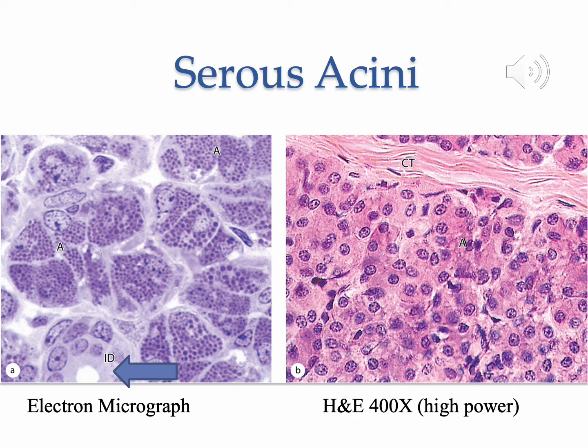And in this particular EM shot, on the lower aspect of the diagram, and highlighted by the blue arrow, is one of the ducts that's going to be draining this particular serous acini.